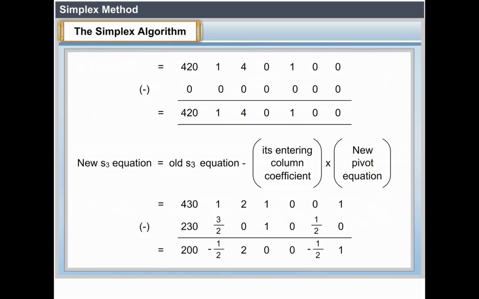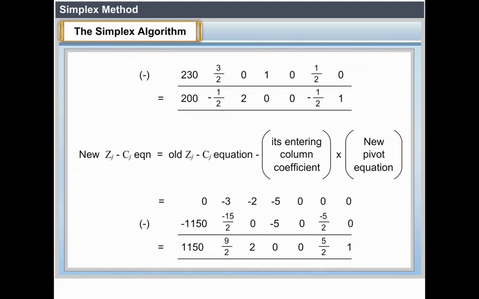After subtracting these two equations, we are getting 420, 1, 4, 0, 1, 0, 0. New S3 equation equal to old S3 equation minus its entering column coefficient into new pivot equation, equal to 430, 1, 2, 1, 0, 0, 1 minus 230, 3 by 2, 0, 1, 0, 1 by 2, 0. After subtracting, we are getting 200, minus 1 by 2, 2, 0, 0, minus 1 by 2, 1.